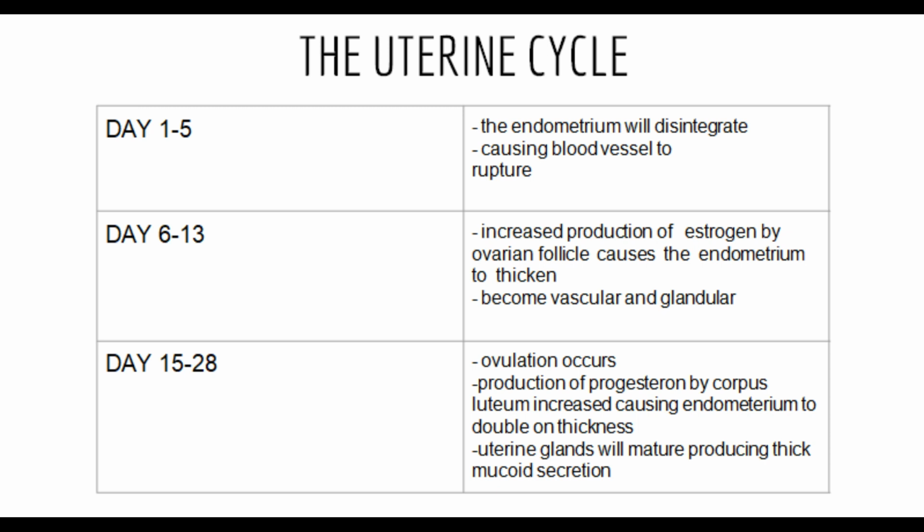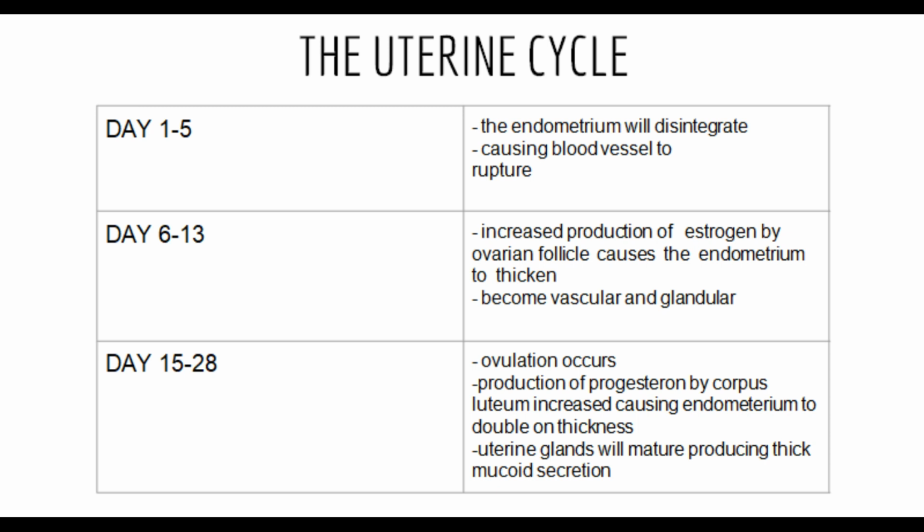From day 1 until day 5, it is called the menstrual phase. From day 6 until day 13, it is called the proliferative phase, and from day 15 until day 28, it is called the secretory phase. You can turn to page 773 in Middle if you want to see the diagram.